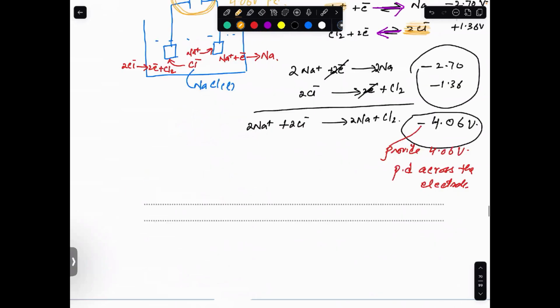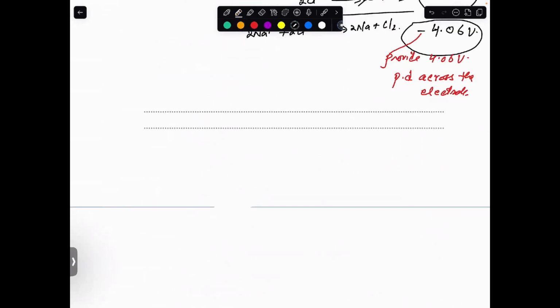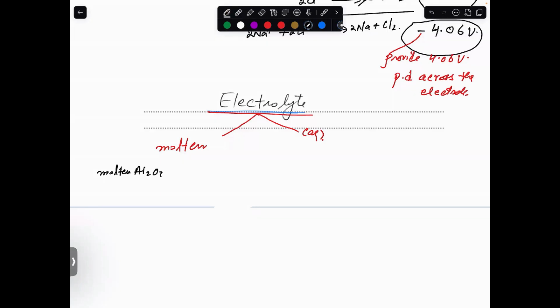Now, we have two types of electrolyte. Your electrolyte could be molten or aqueous, right? If it is molten, for example molten aluminium oxide, it contains aluminium ions and oxide ions.